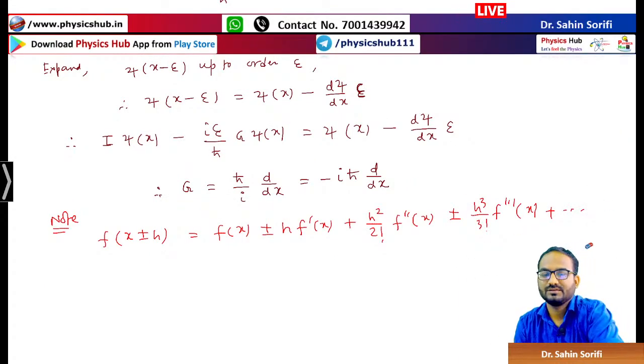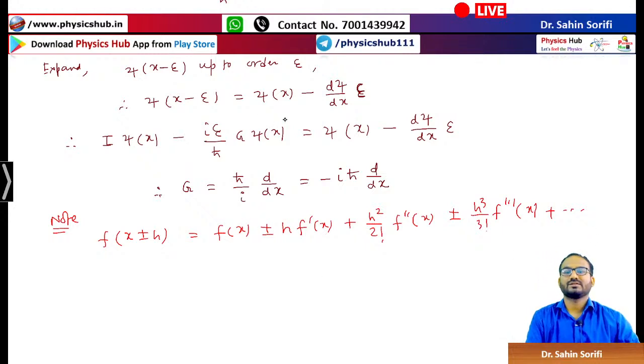So this has been utilized here, and here only two terms have been kept for the expansion of psi of x minus epsilon, and this is matching with option B.